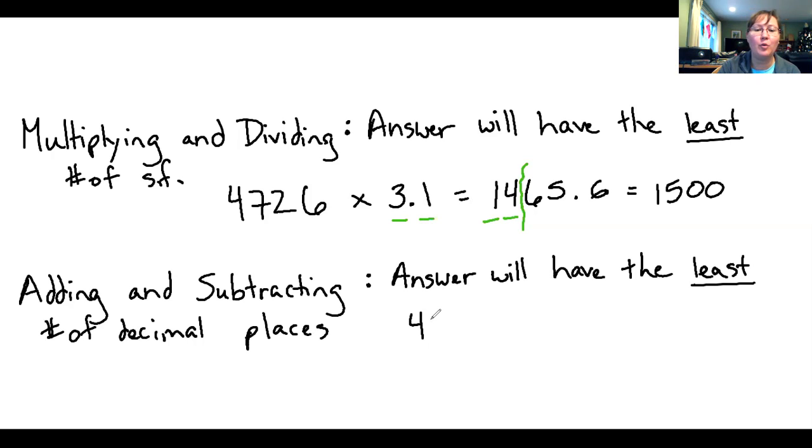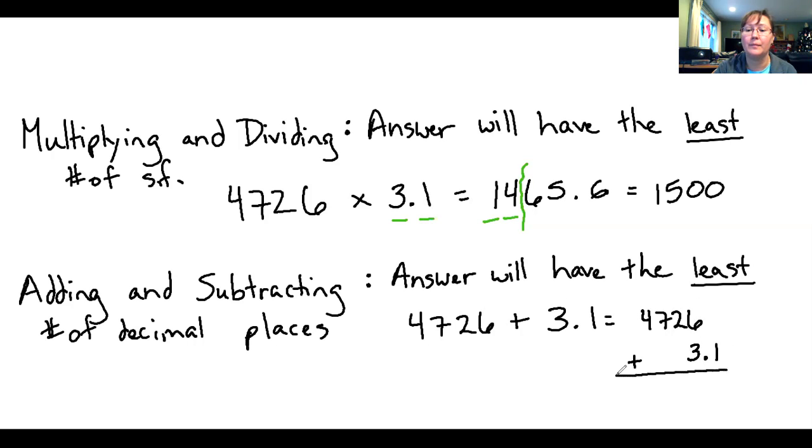Let's say that we have 4,726 plus 3.1. Okay, well now what we need to do is line them up. So I would say 4,726 plus 3.1. And I add them up.